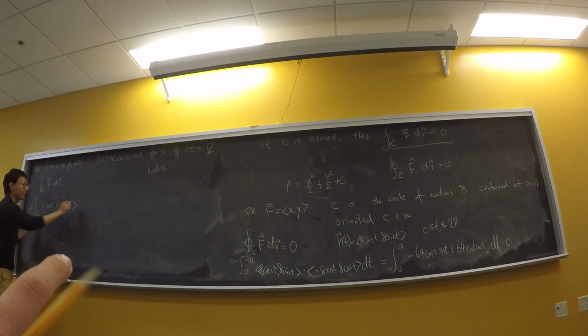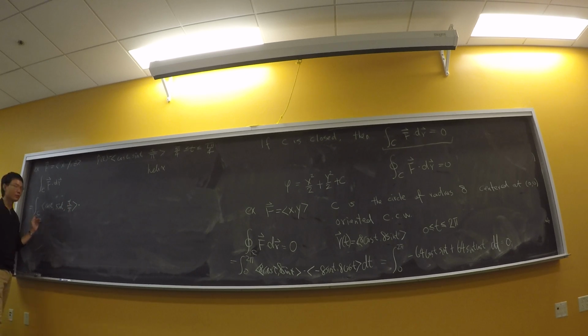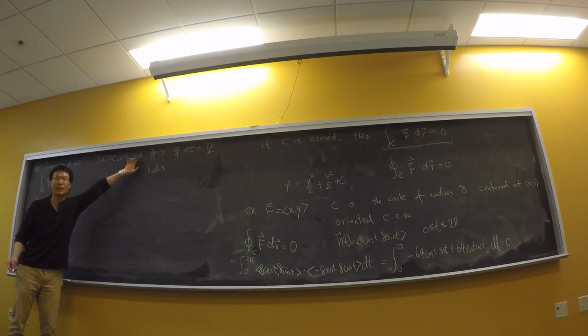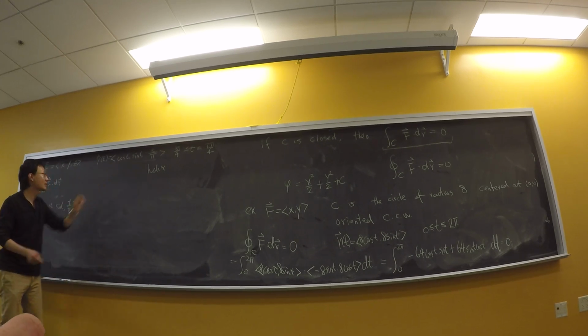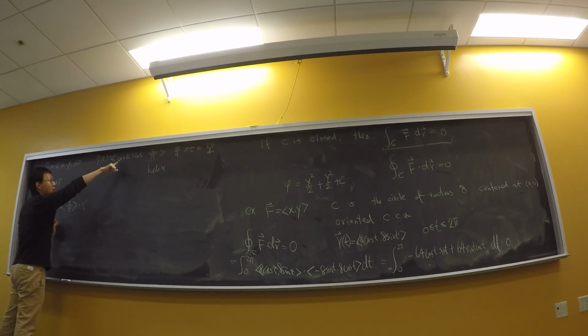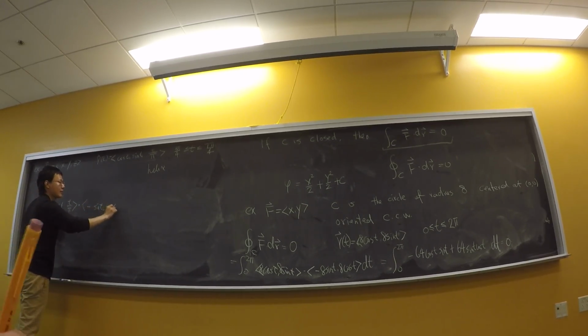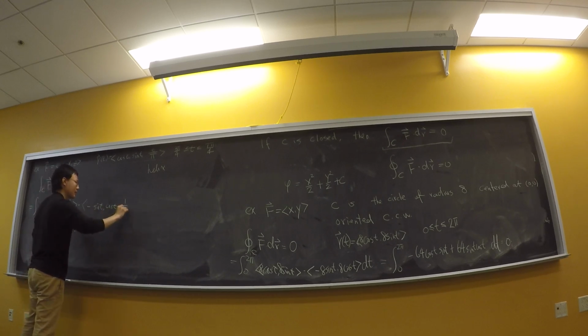Okay? And then I have to take the inner product with the tangent vector of this parametric equation. All right? So the tangent vector with respect to t is, what do you have? Minus sine t, cosine t, and 1 over pi. Okay?